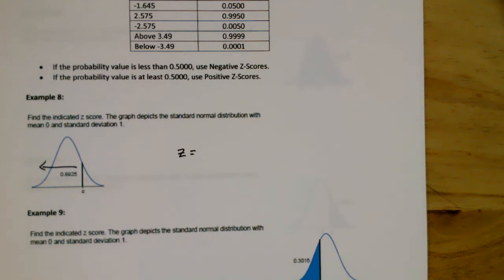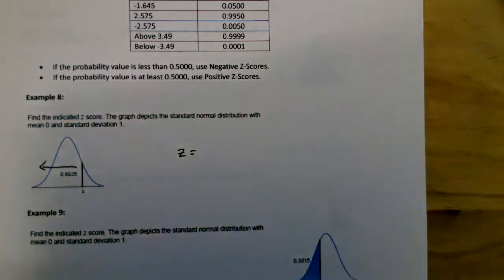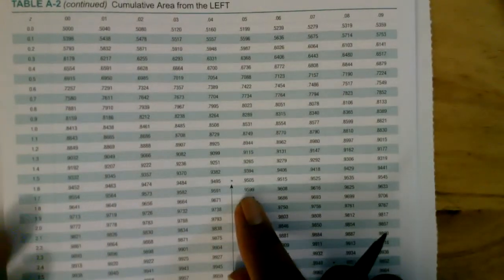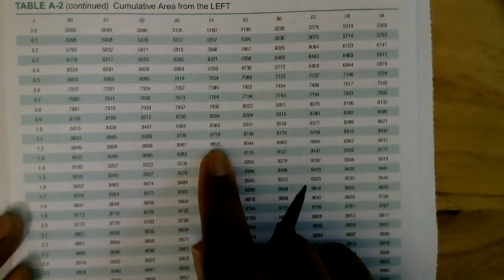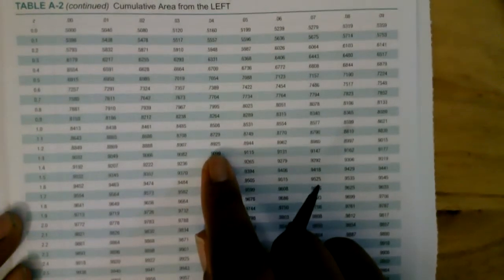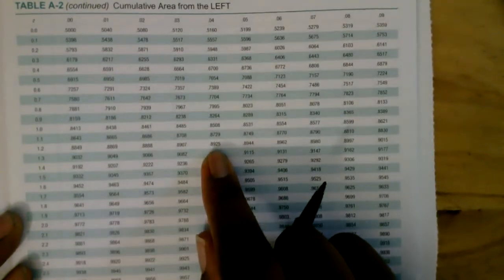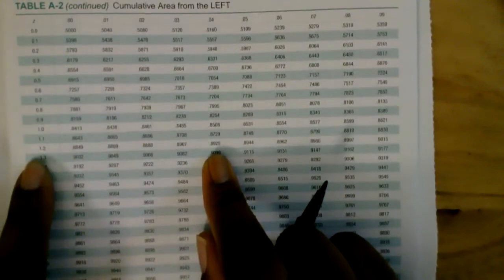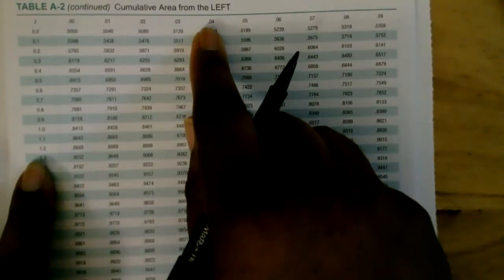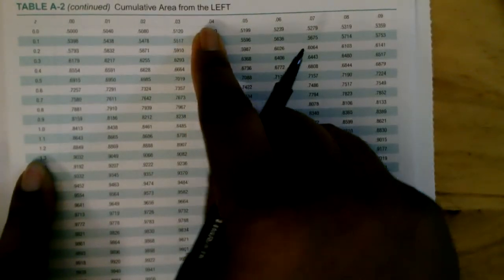Okay. So we need to look inside the body of the table to find 0.8925. And guess what? I found it right here. 0.8925 is in the body of the table. Now I'm going to read from the left of that and up top to find the z value.